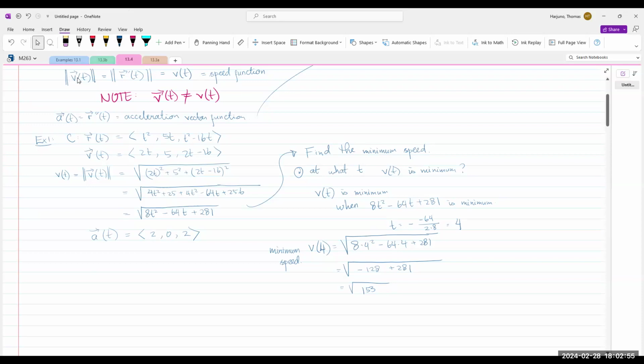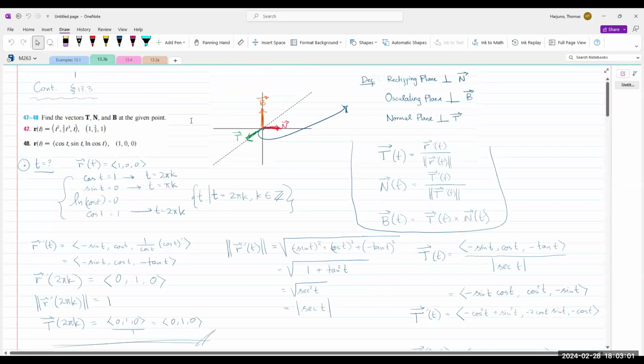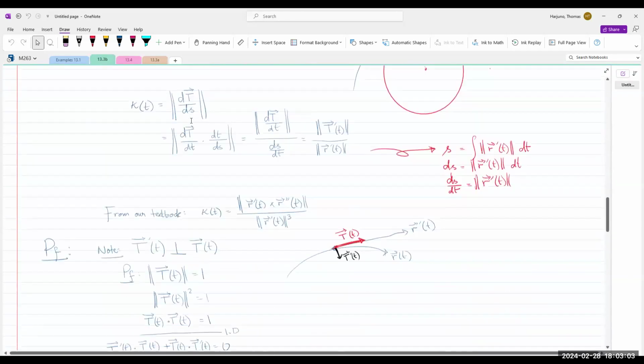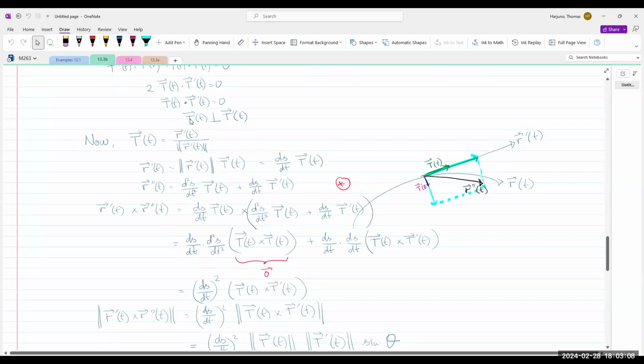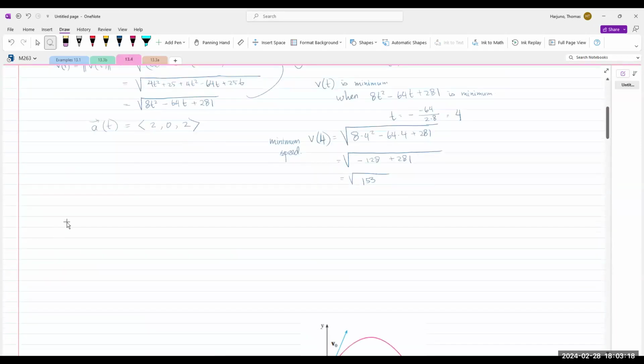Remember we talked about the acceleration, the tangential and normal components of our vector functions. I have that picture somewhere here. Here. No, this one here. Let me grab this and copy that and then put it here.